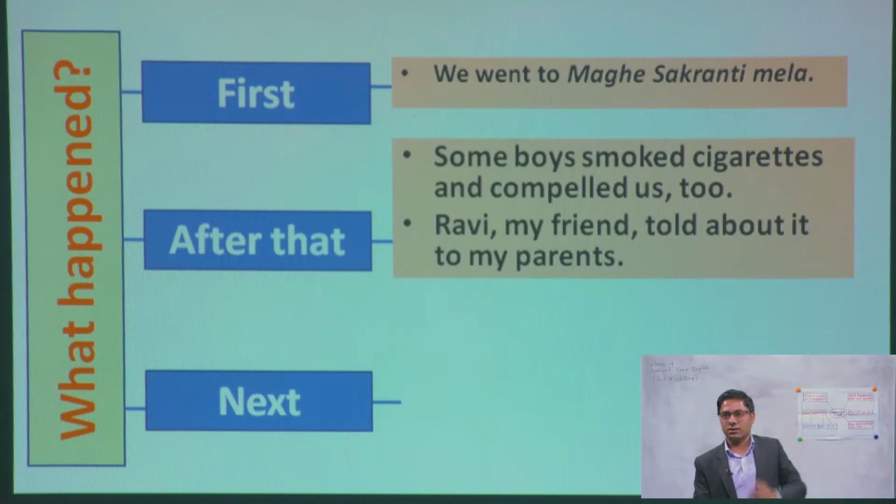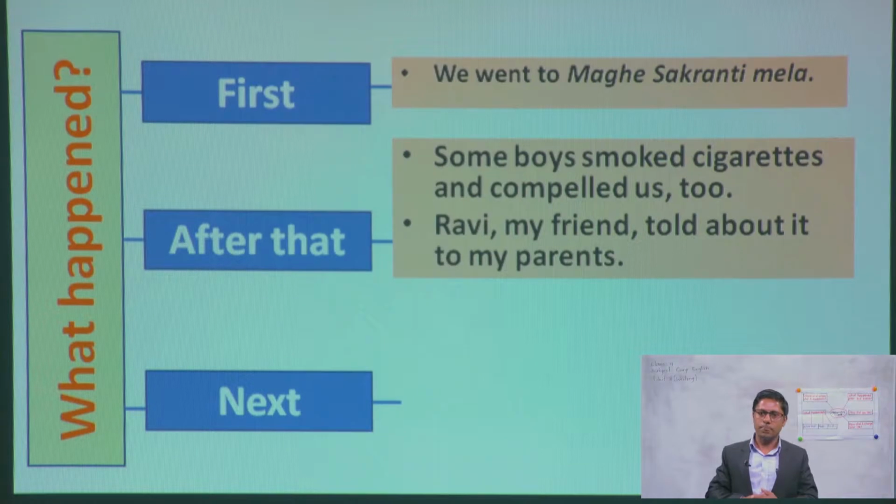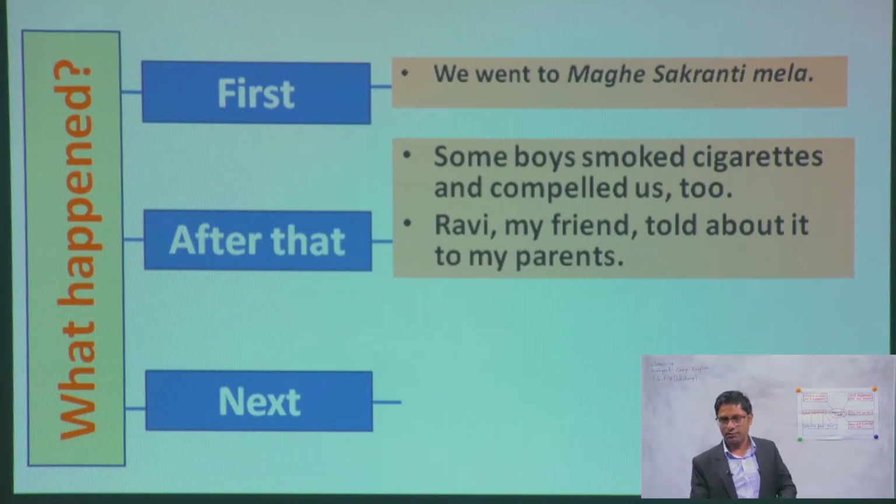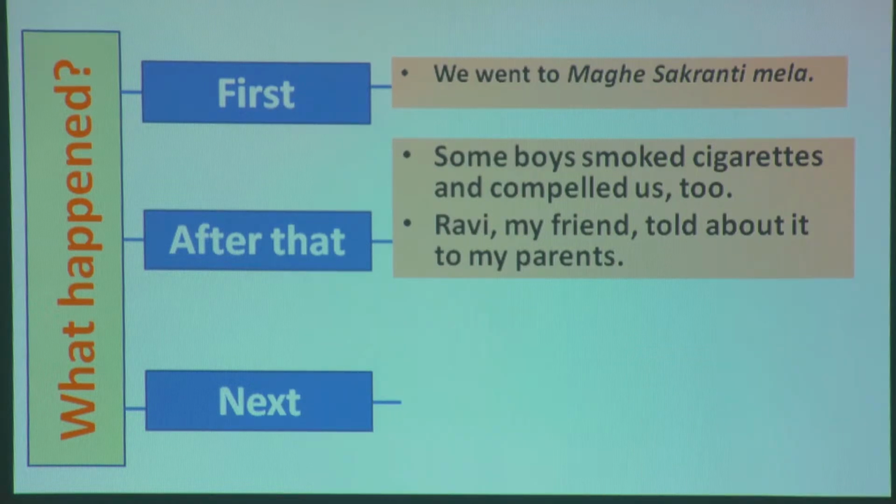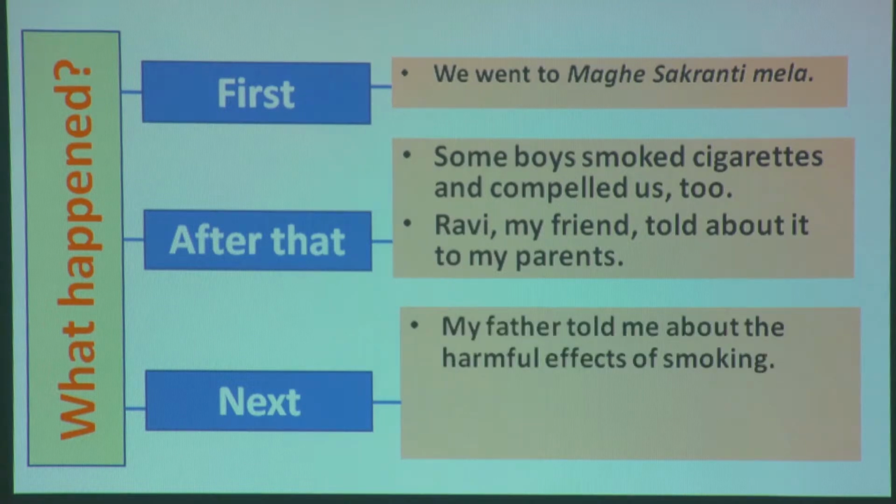What can next be? Ravi, my friend, told about it to my parents. Then, what might have happened next? Can you guess? Okay, think it. And see there what happened next. My father told me about the harmful effects of smoking.